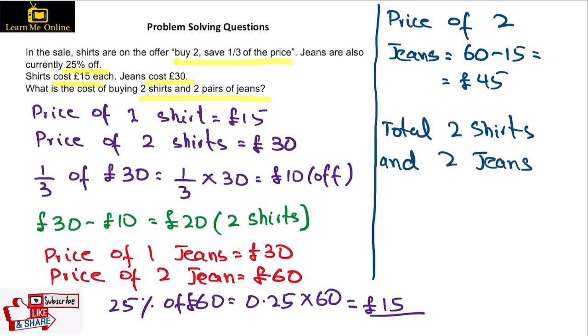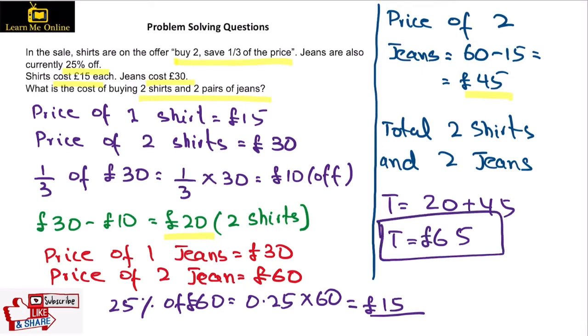The price of the two shirts is £20, and the price of two jeans is £45. You add them together: 20 plus 45 would be £65. So after the sale, the price to pay for two shirts and two jeans would be £65.